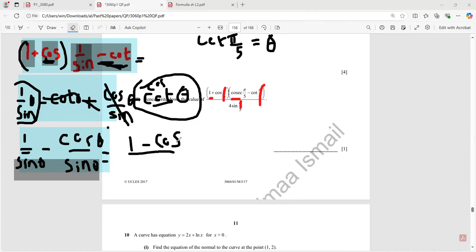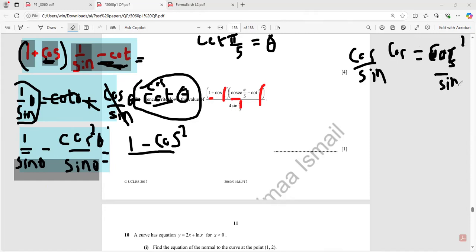So here 1 minus cosine square. Okay, so here it will be cosine square. So I multiply cosine over sine, in here cot, I multiplied by cosine. It gave me cosine square over sine. Right? Clear now?